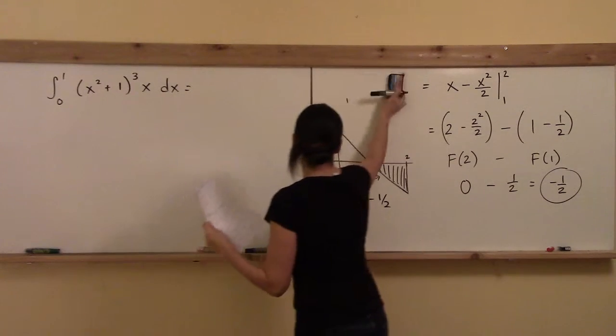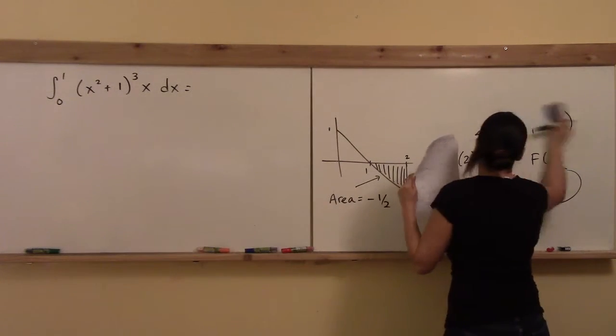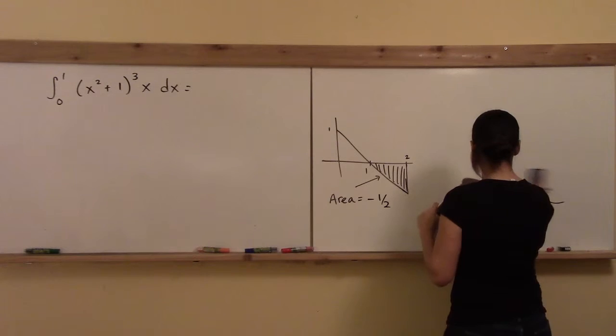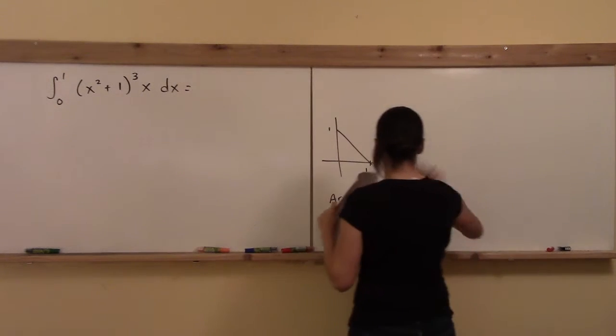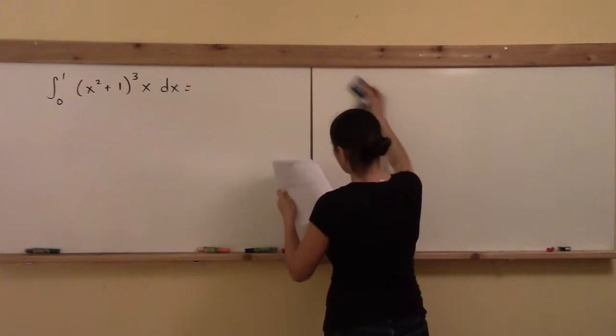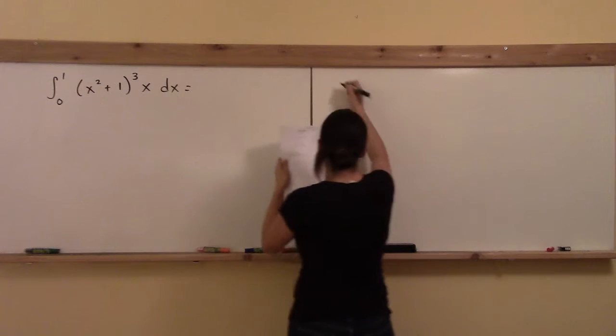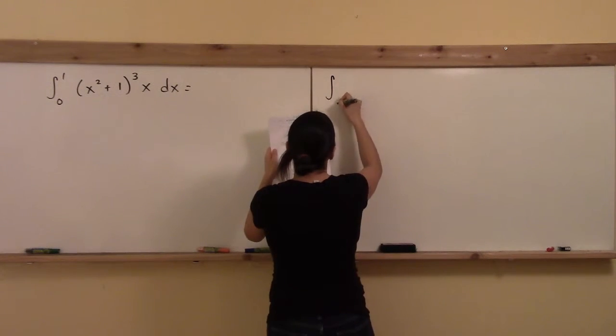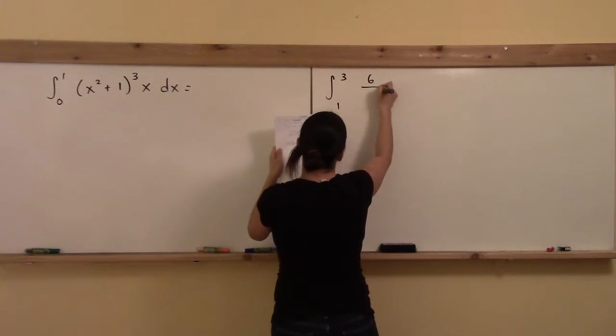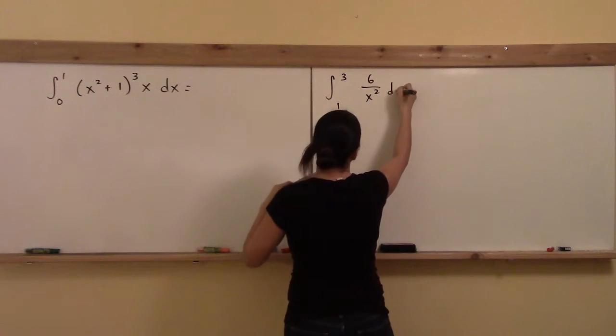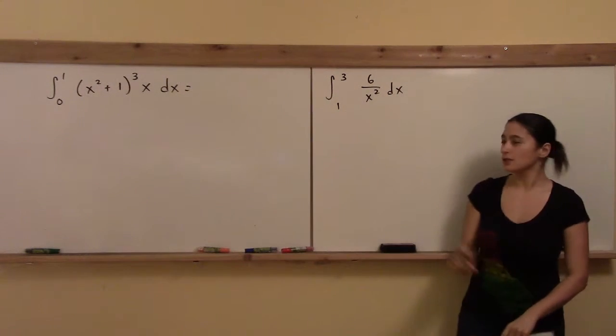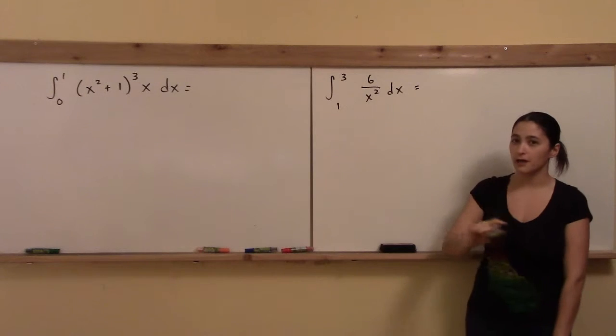Remember that now that you have bounds on that integral, I am going to be looking for an actual numerical value in your answer to that question. Another example we have, the integral from 1 to 3 of 6 divided by x squared dx. Okay, so these are some exercises for you to try right now.